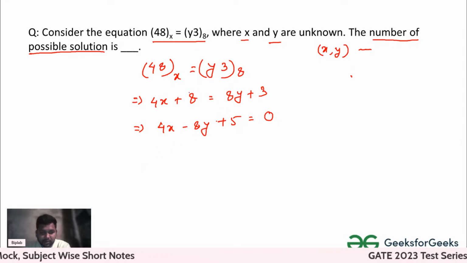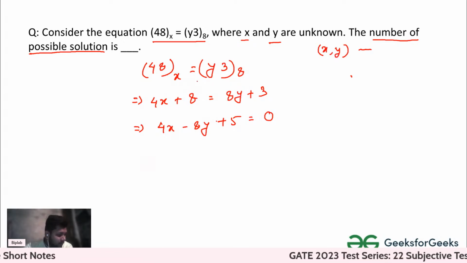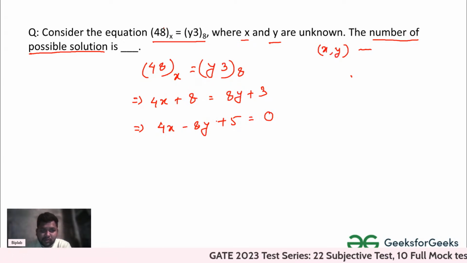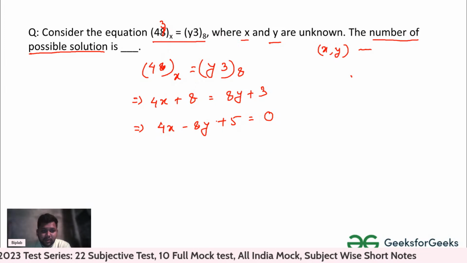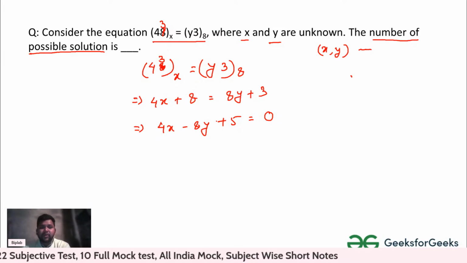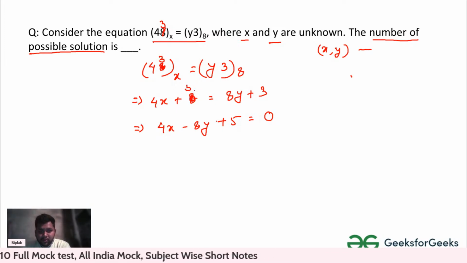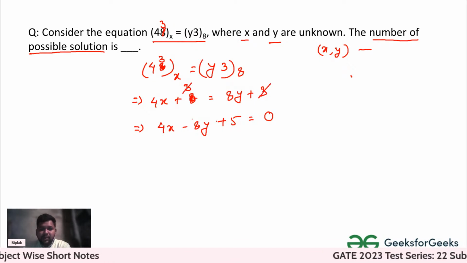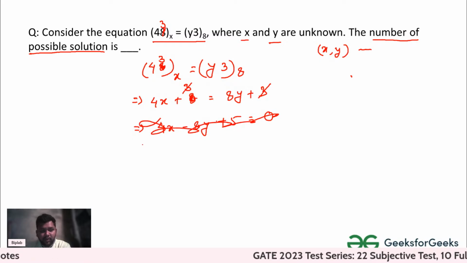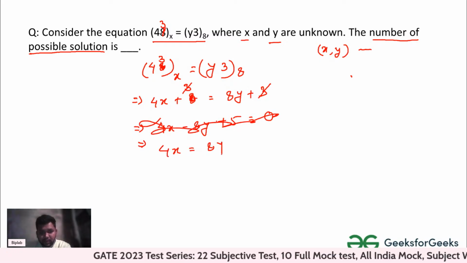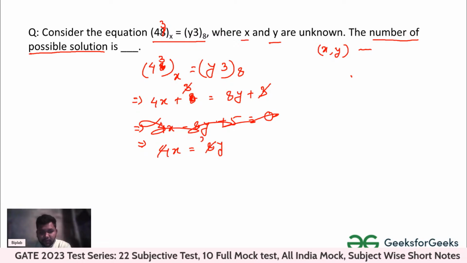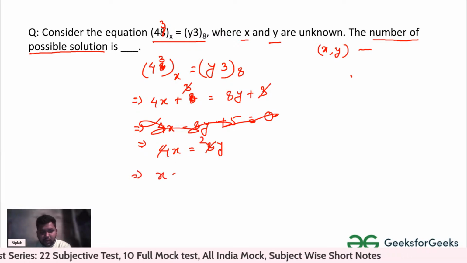Am I writing it correctly? I'm sorry, there is a mistake in the question. The question was supposed to be 43; I mistakenly wrote it as 48. So 3 gets cancelled out, and then you have 4x equals 8y. So x equals 2y.